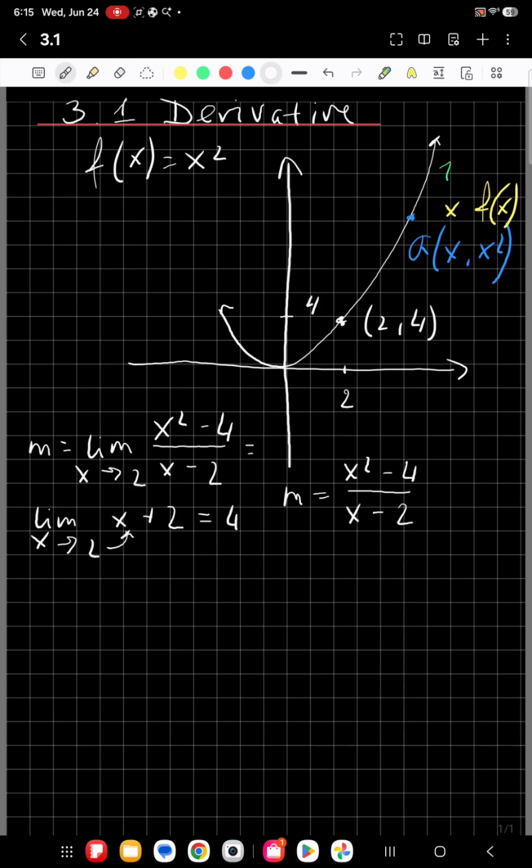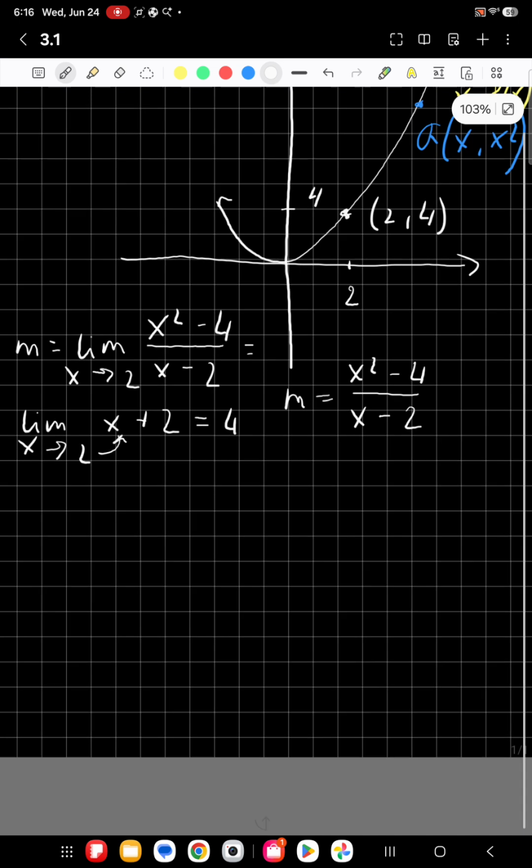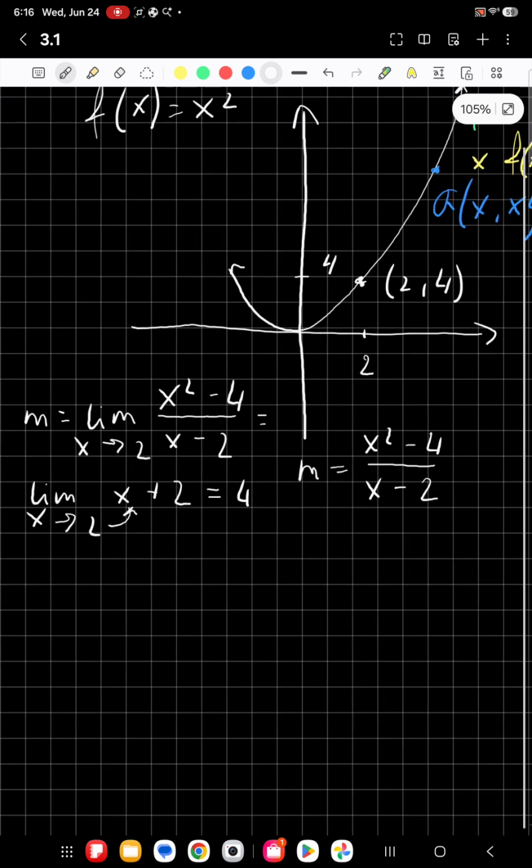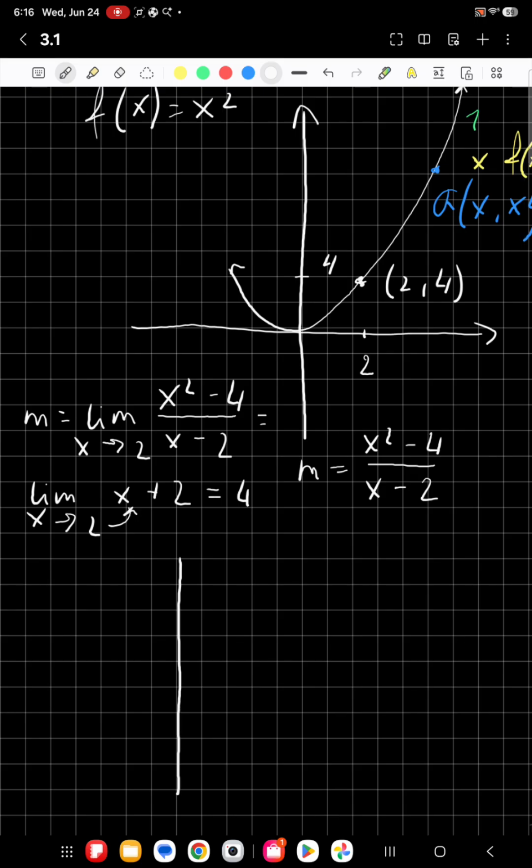Okay. We'll basically do something similar right now. We'll just change the notation a little bit. Let me make another graph. And we'll do a couple of different ways to look at the derivative.